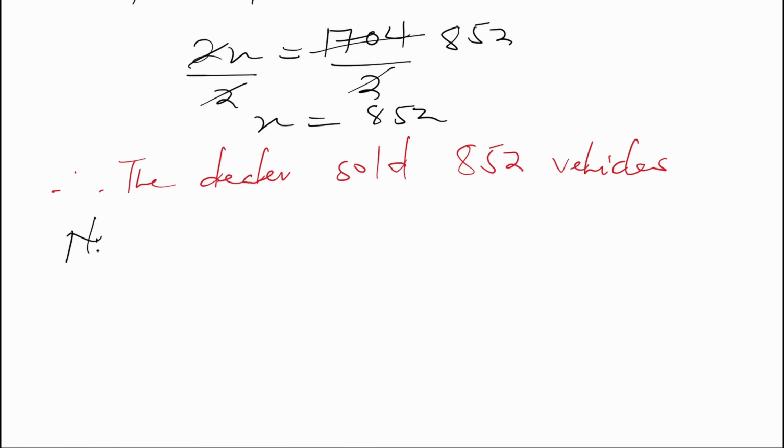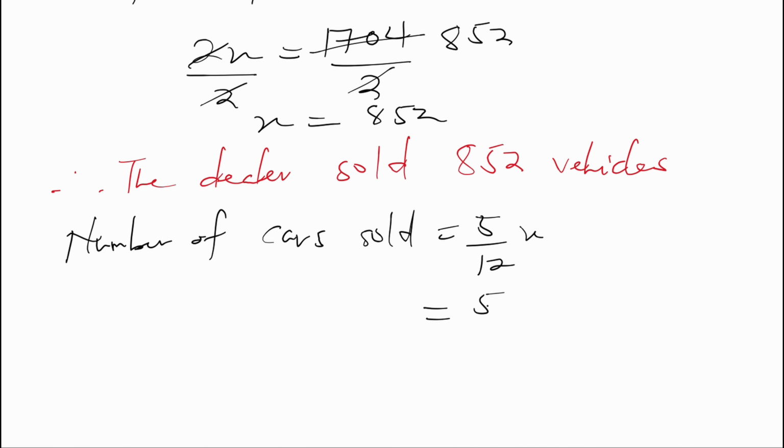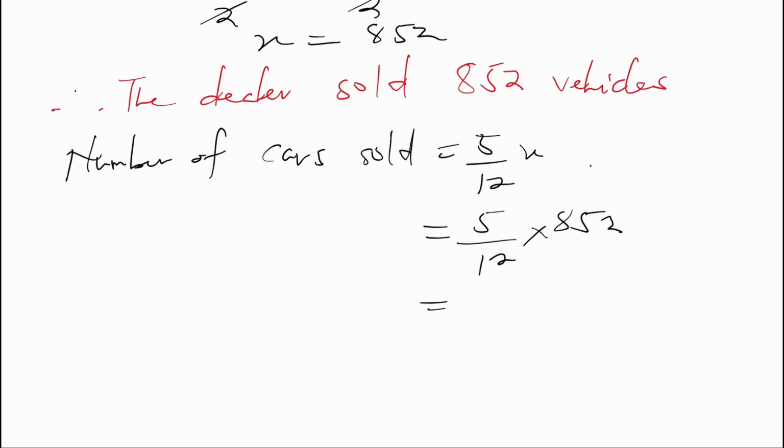So the number of cars sold is equal to 5/12x, but x is 852. So it'll be equal to 5/12 times 852. And when you punch this on your calculator, you should have 355.